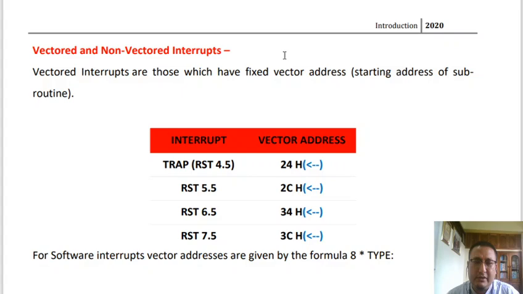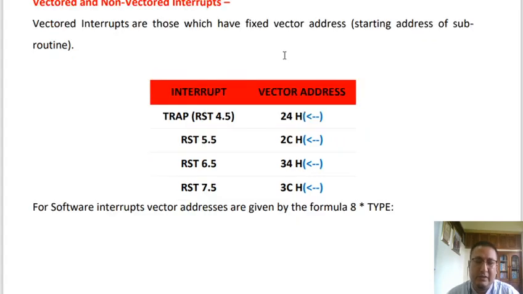RST 5.5 is a vectored interrupt where the vector address is 2CH. RST 6.5 has vector address 34H. RST 7.5 has vector address 3CH. So these are all vectored interrupts with an associated vector address, or the location where the control transfer is to take place.